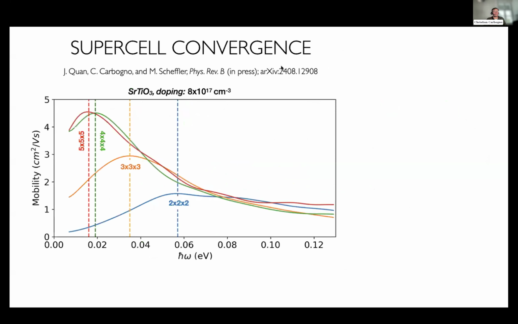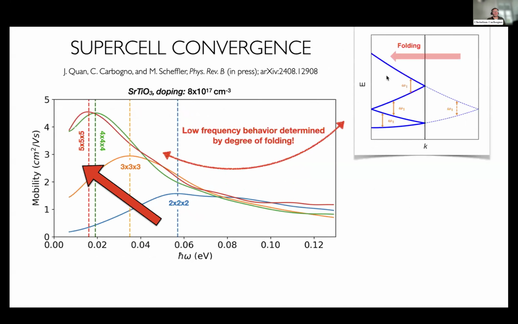Here, a practical example for strontium titanate again. If you have a very small supercell, 2 by 2 by 2, you get a maximum here. If you go to a larger supercell, this gives you maxima closer to the zero frequency limit, but not perfect. The reason can again be found in this unfolding. If you think about the primitive cell and a certain frequency, the only transition that is possible is here.